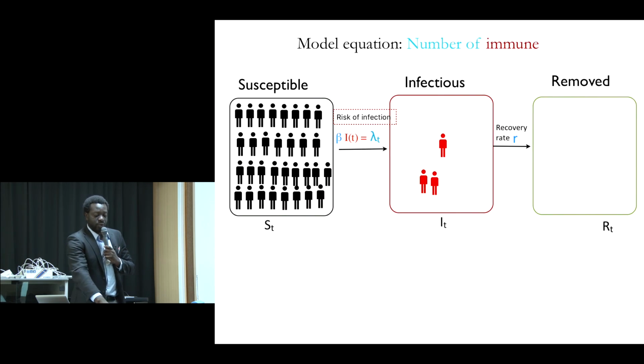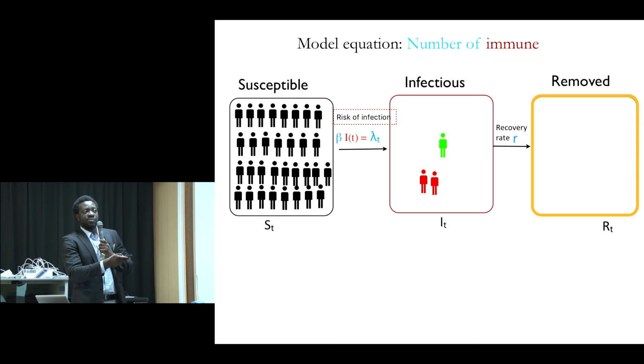Next, we want to predict the number of people who are removed, so who become immune here. This is also much easier. It is based on the risk of recovery, the recovery rate, R. So how many people leave the infectious box to join the removed box?